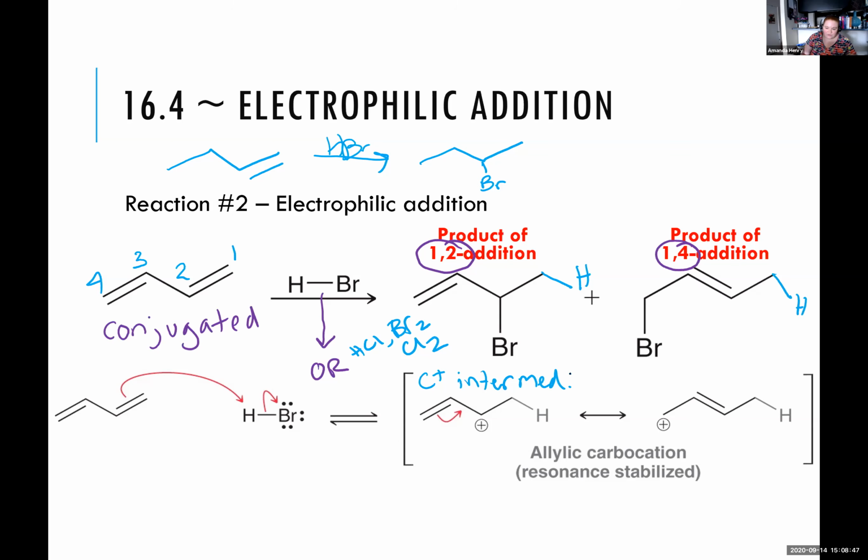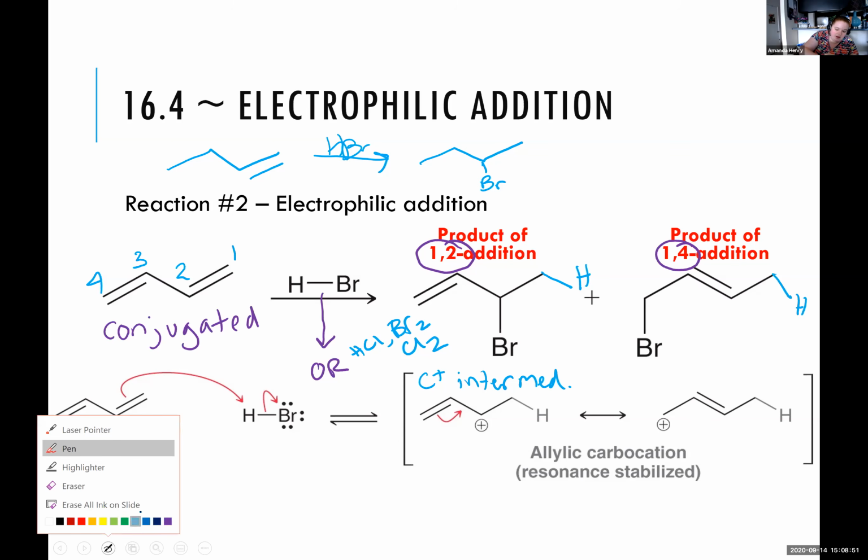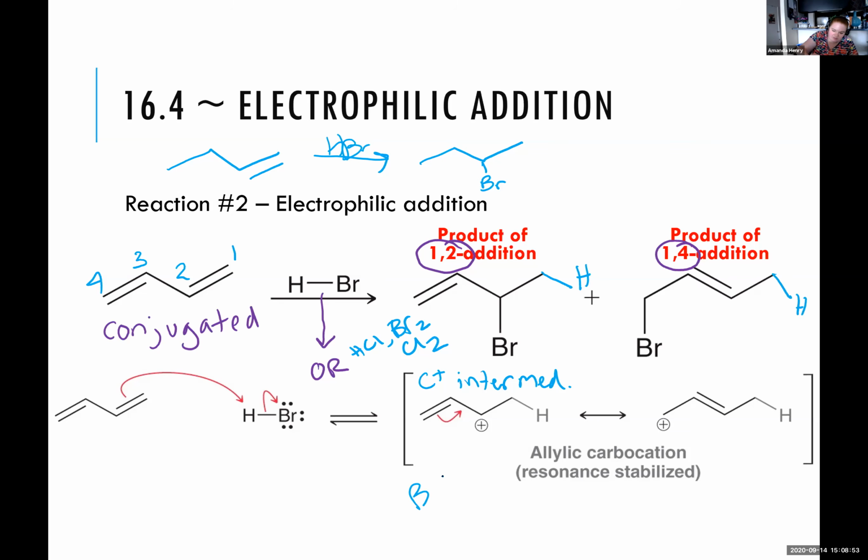So there are two things that can occur here. The first thing that can occur is our bromine can do a nucleophilic attack at that carbocation, and when that happens, we make the 1,2 product. So the hydrogen adds, the bromine adds. Essentially the same mechanism that we've learned from the beginning.